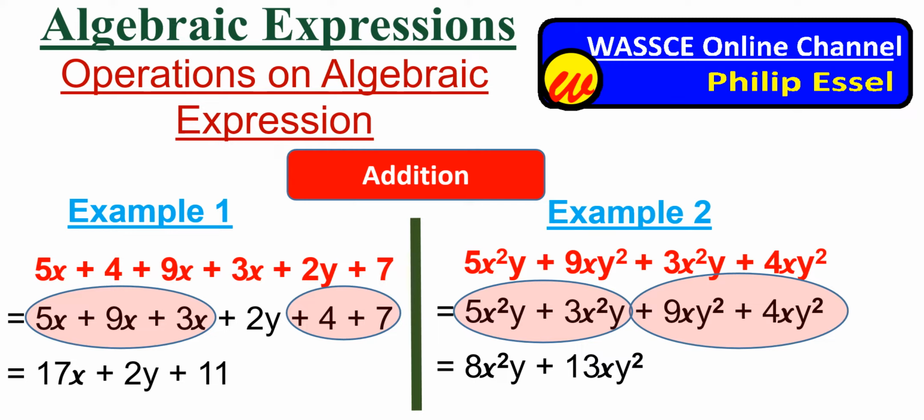Also, our plus 9xy squared plus 4xy squared would also be added together, and that would give us 13xy squared. So we would get the new expression 8x squared y plus 13xy squared.